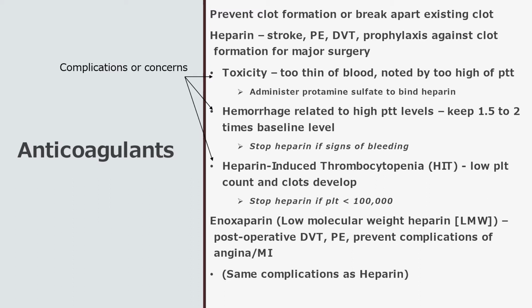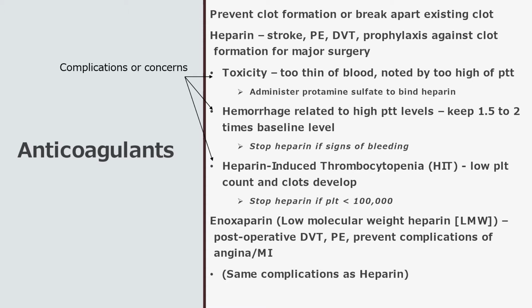Our general rule of thumb is to keep the heparin level 1.5 to 2 times their baseline level. So we'll take a baseline before therapy, a PTT level, PTT and INR, and during therapy, to make sure that we have a therapeutic level, we're going to be monitoring that PTT level again.